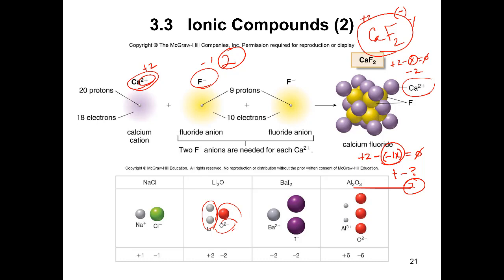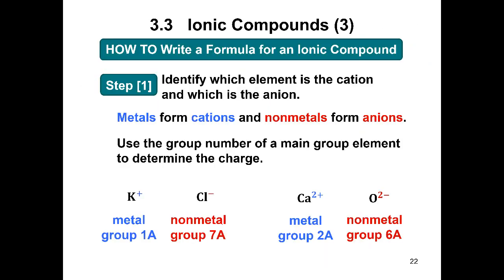So those are just some examples for you to look at. So how do we do this? How do we write this? Well, when we have a formula and we need to go backwards, we can do that. Or if we have the written name, we can write the formula.